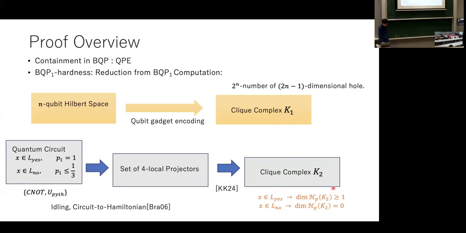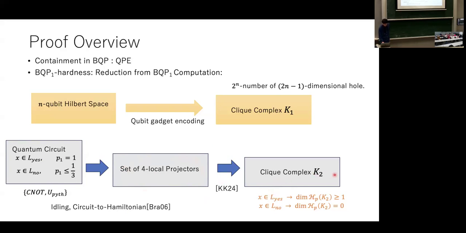For the construction of K2, we start from some quantum circuit that outputs 1 with probability 1 if x is a yes instance, and that outputs 1 with no probability for the no case. This quantum computation can be transformed into a set of 4-local projectors based on some variant of the circuit-to-Hamiltonian construction originally introduced by Kitaev.